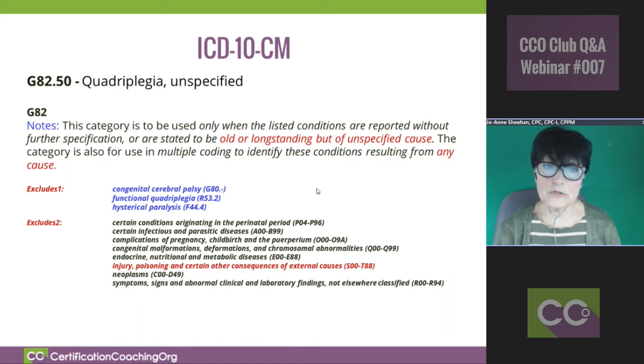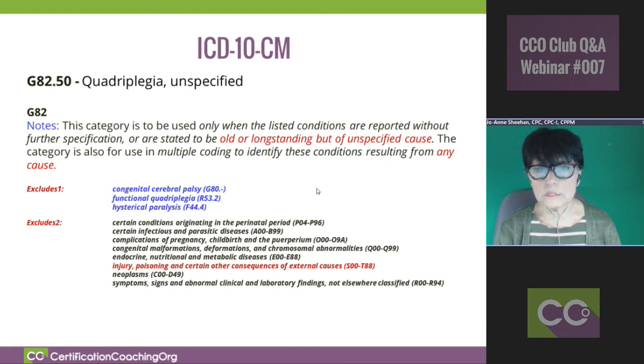The category is also for use in multiple coding to identify these conditions resulting from any cause. We happen to know the levels where the cervix was damaged, so this unspecified really is not a good code for the doctors to be choosing to use.